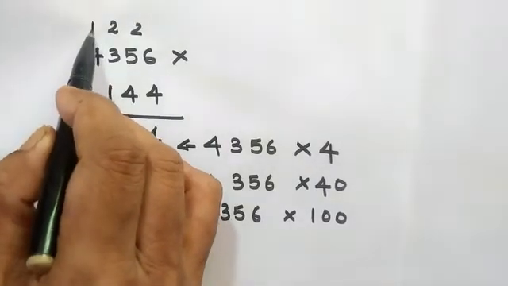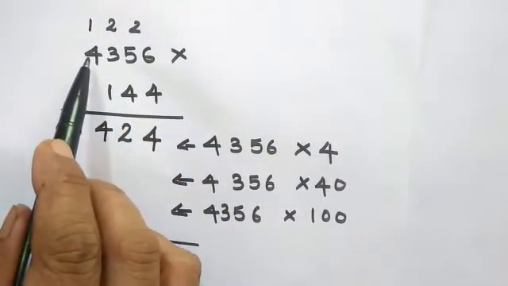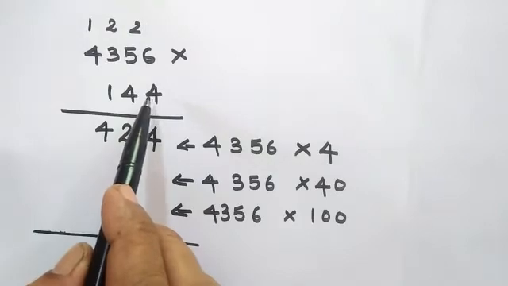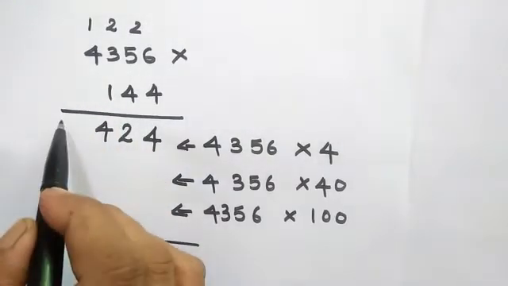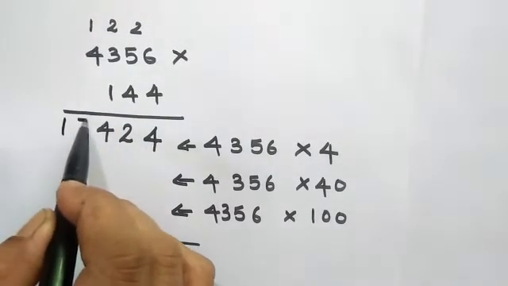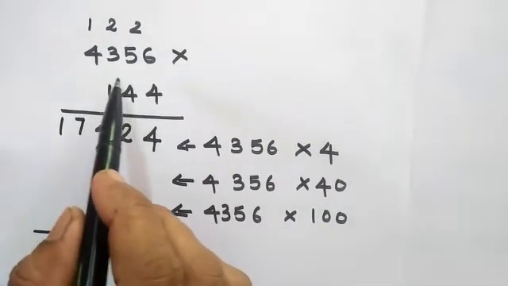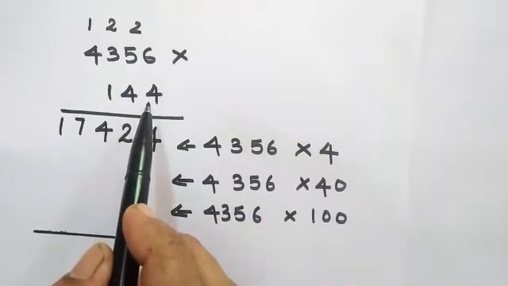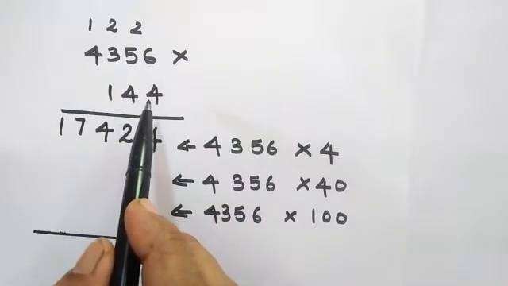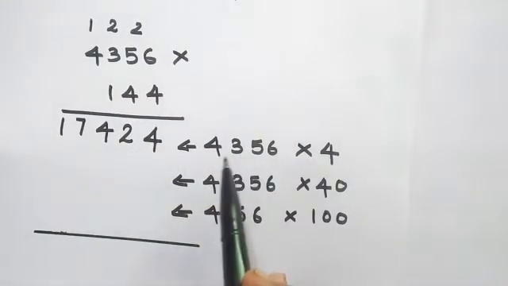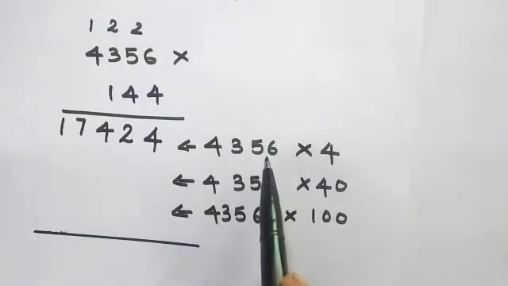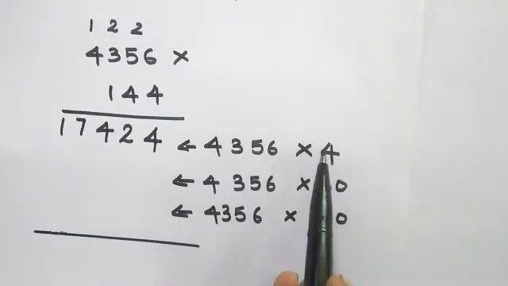1 balance. Again 4 fours are 16, 16 plus 1, 17. Okay. This is the first product we got by multiplying with 4. You understood this method? So, 4356 into 4.